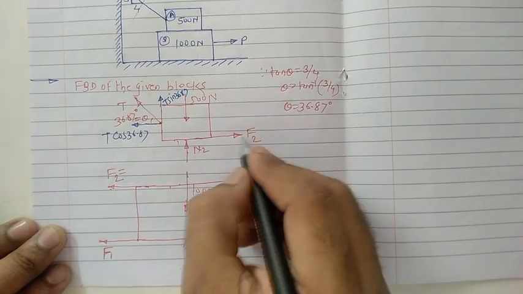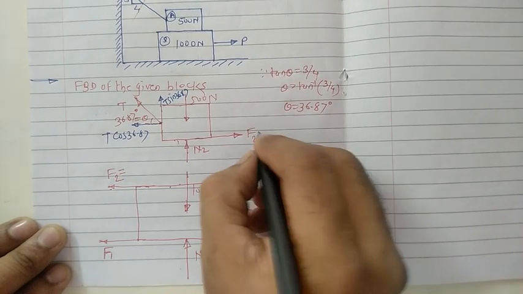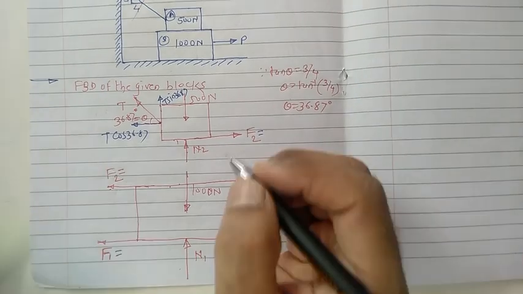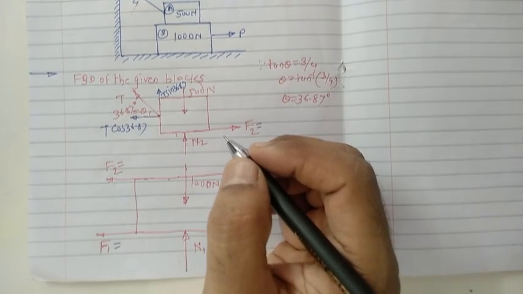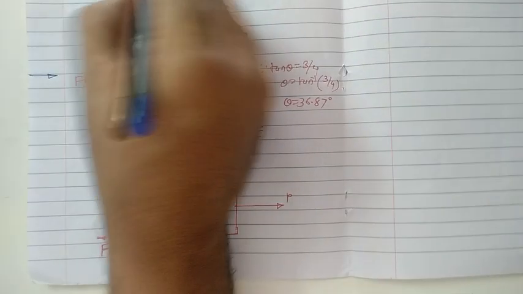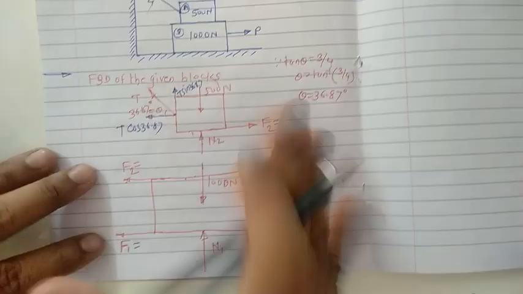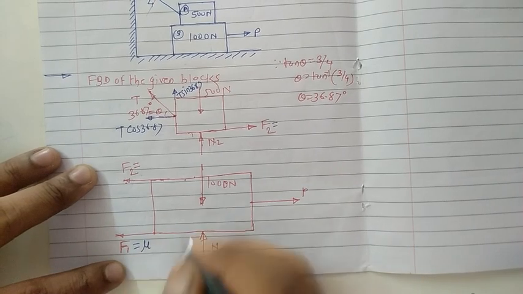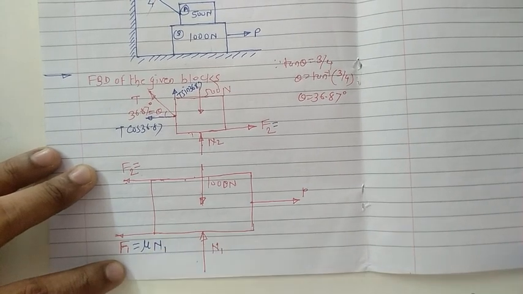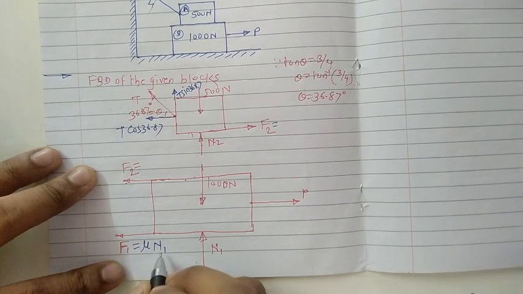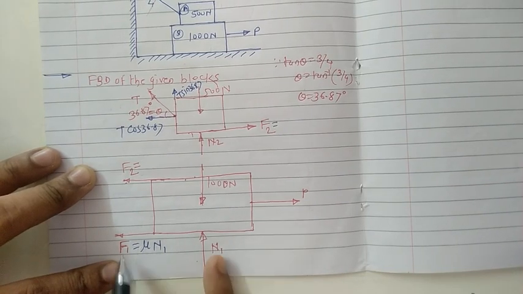Now in the case of this F2 force, the frictional force, we know that frictional force is proportional to the normal direction. For all surfaces, the coefficient of friction is given as 0.3. As F is directly proportional to N with respect to this surface, we can write F1 equals mu into N1.